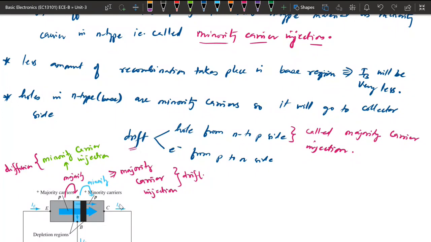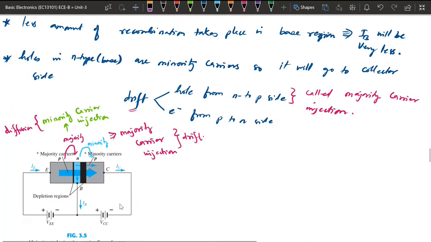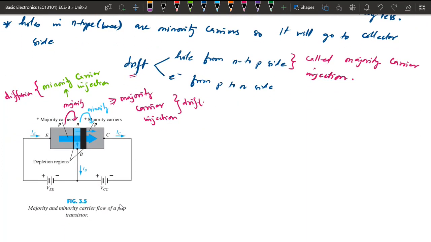Once we combine the forward bias region and the reverse bias region, both constitute the transistor operation. Okay, so I think you have got the concept of how the current flow takes place in a BJT. We transmit the majority charge carriers from here to here, and then from the base region to the collector region by minority carrier injection and majority carrier injection.